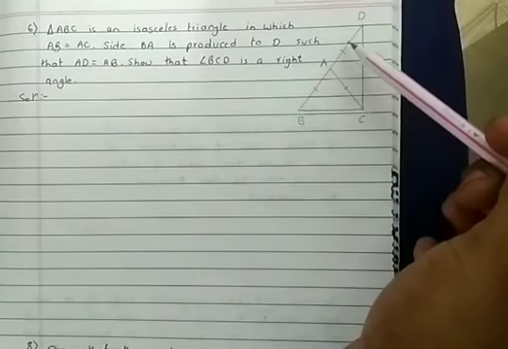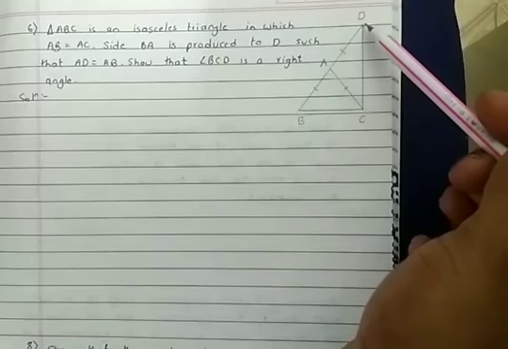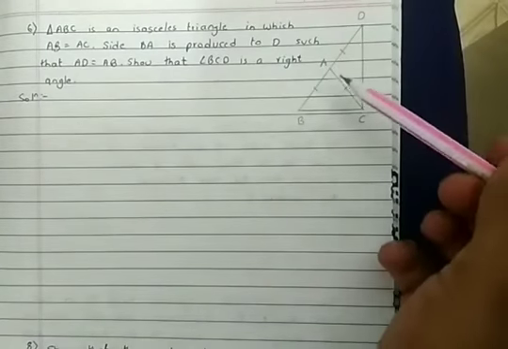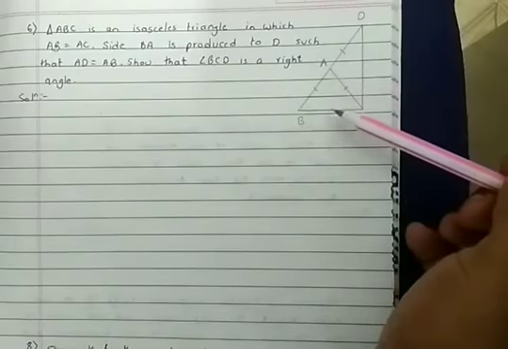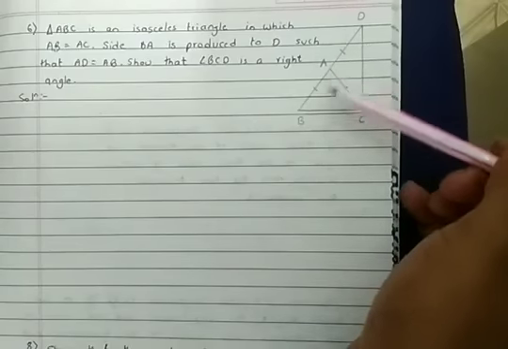It is extended in such a way that it will end at point D such that AD will be equal to AB. That means dimension AB will be equal to dimension AD, right?